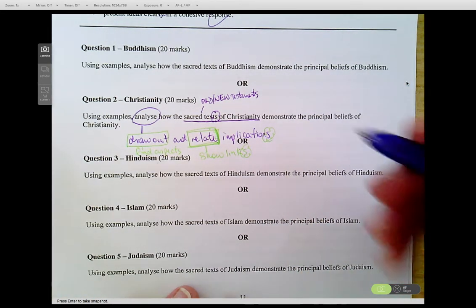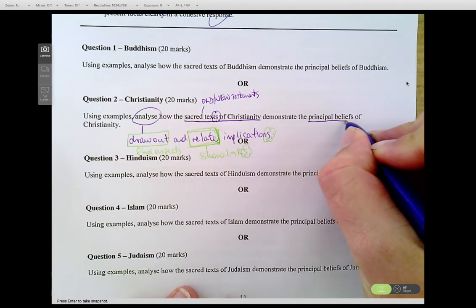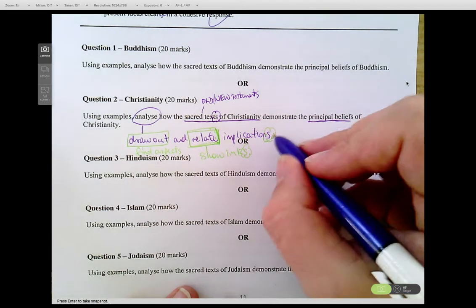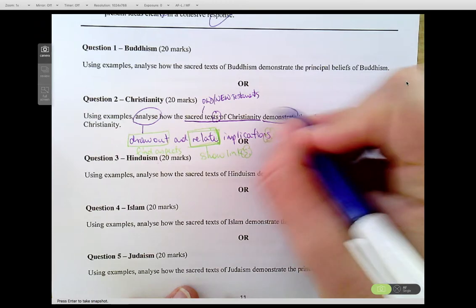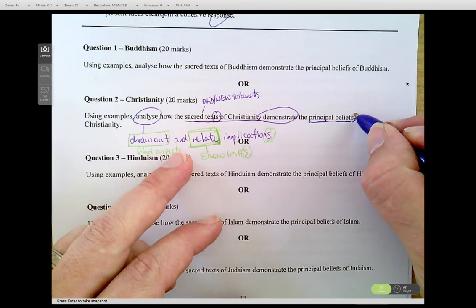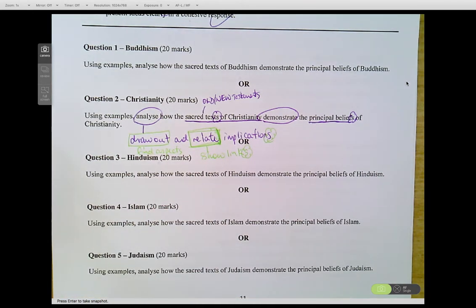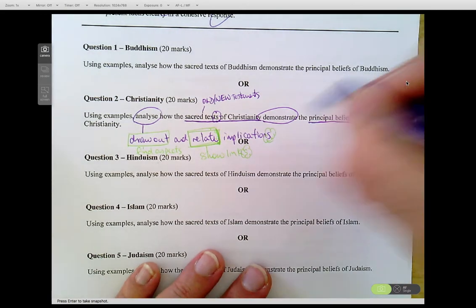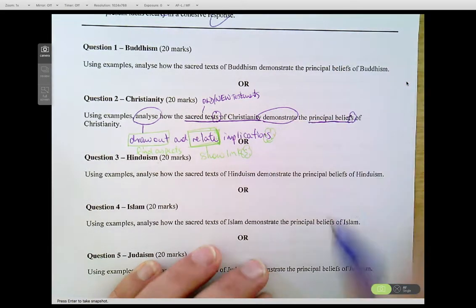Demonstrate the principal beliefs, again, straight from the syllabus. We've even got a demonstrate in there. The principal beliefs, plural, of Christianity. One of the things that we could even make a qualifier in there if you wanted to.